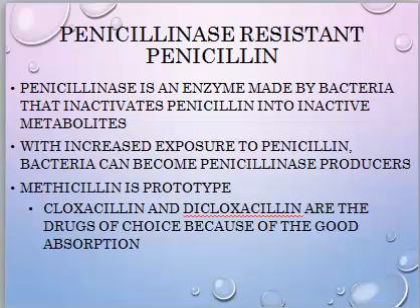So now bacteria are also becoming resistant to methicillin. The other two drugs, cloxacillin and dicloxacillin, are the drugs of choice for bacteria that produce the enzyme penicillinase, because these two are resistant to penicillinase.